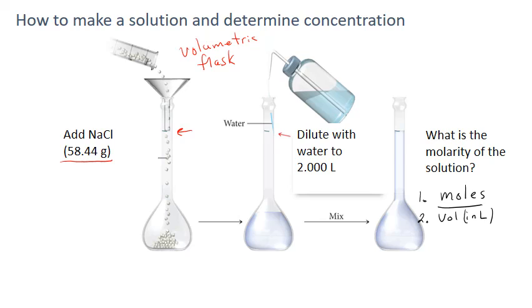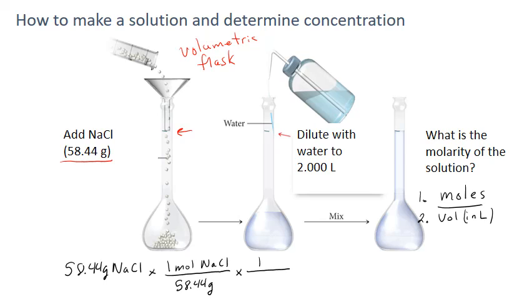So in this particular case, we start off with 58.44 grams of sodium chloride. Conveniently, the molar mass of sodium chloride is 58.44 grams. In order to calculate molarity then, the number of moles has to get divided by the volume.